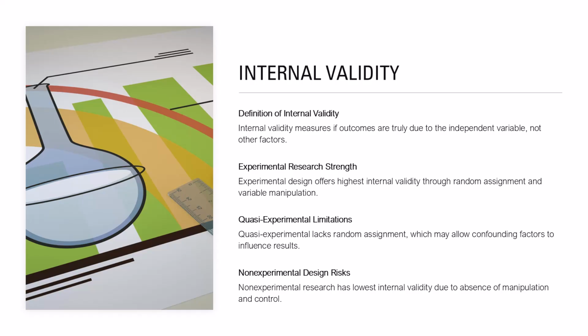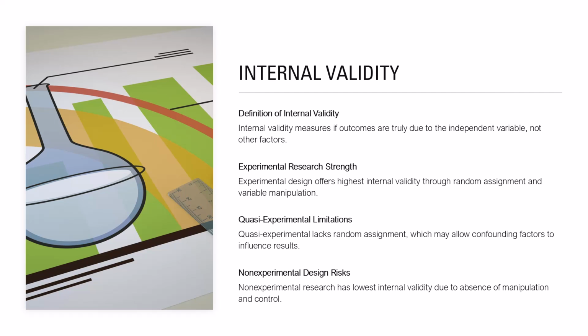Internal validity refers to the extent to which a study design supports the conclusion that changes in the dependent variable are due to the independent variable. Experimental research typically offers the highest internal validity compared to any other method of collecting data. This is because it employs random assignment and manipulation of variables, effectively controlling for extraneous influences.